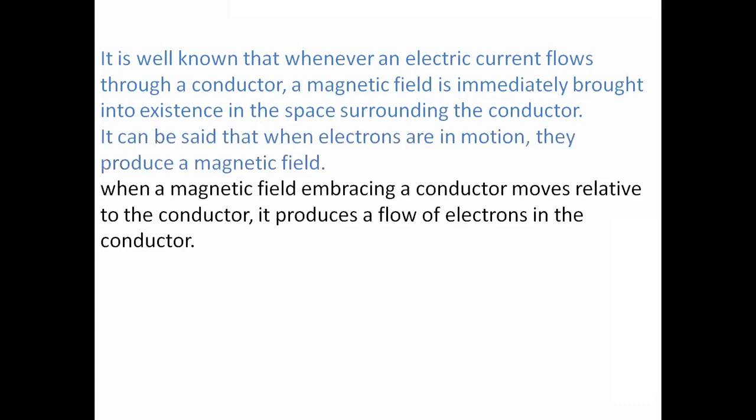Similarly, when a magnetic field is embracing a conductor, suppose you consider a conductor and provide a magnetic field around it, and the conductor is in motion or moves relatively with this field, then it produces the movement of the electrons, the flow of the electrons.